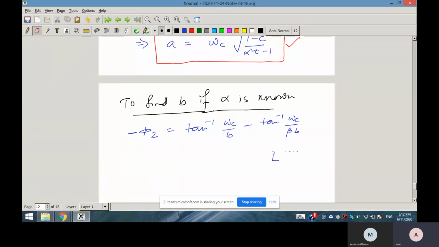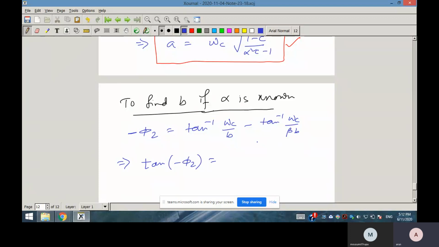So that's why I have written minus phi 2. That means tan of minus phi 2, this means minus tan phi 2.